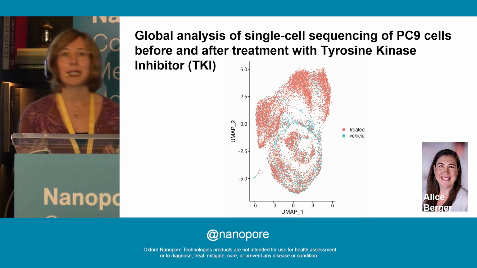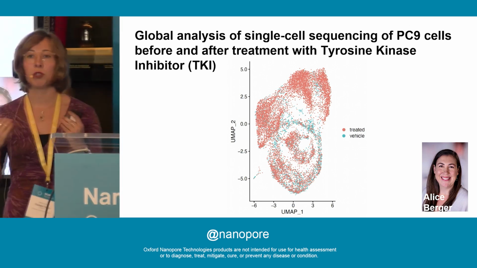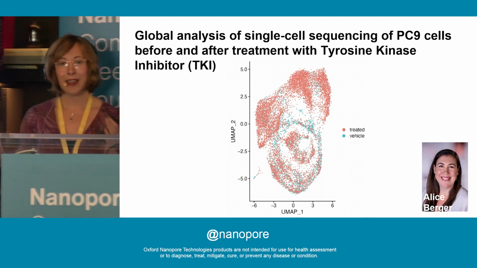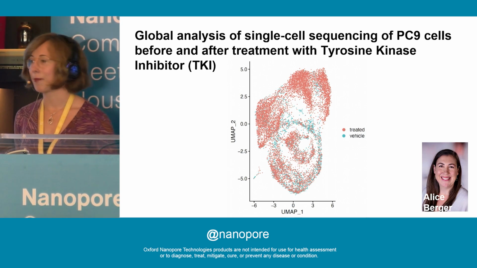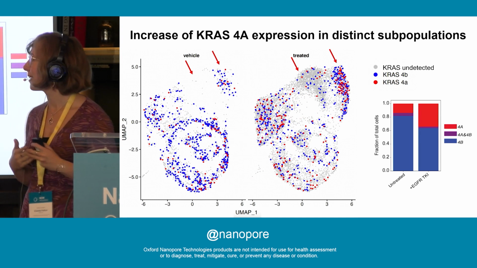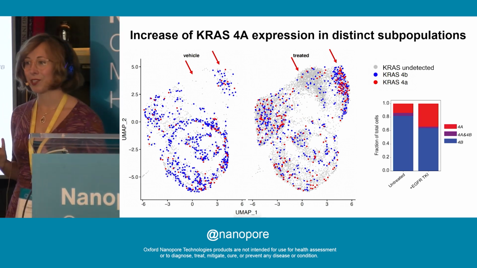And so what we did is a global analysis of this transcriptome in a pseudo-bulk manner. So we looked for fusions, splicing changes, indels, everything. And we were able to recapitulate known mutations in this sample, but we were also able to find that our biggest hit is a known cancer driver, KRAS.